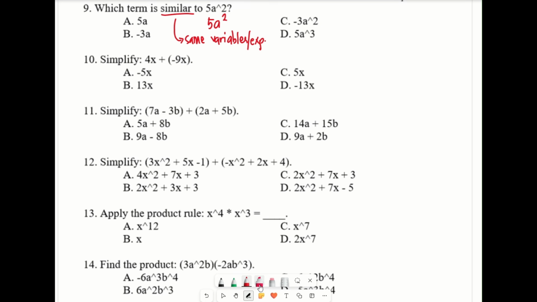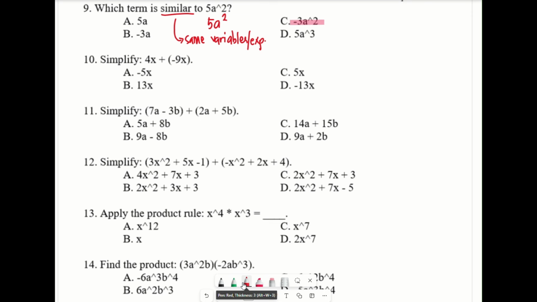Okay, so for this one, we'll have letter C, negative 3a squared. Okay, so yung letter D, though it's also a, pero yung exponent po niya ay naka-cube. So, hindi pa din siya. So, again, kailangan same variable kung x, and then kung exponent niya ay 2, 2 din po dapat for me to say that they are similar terms.